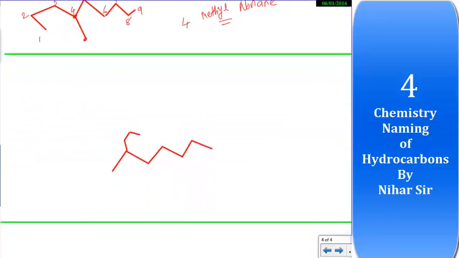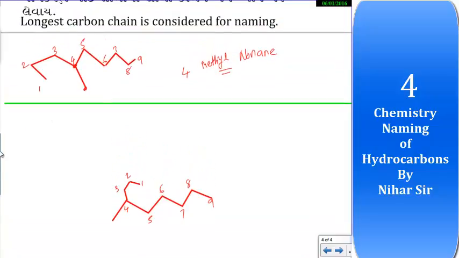Now let's come over here and find the longest carbon chain. If I start naming from here, 1, 2, 3, 4, 5, 6, 7, 8, 9, and I think this is the longest carbon chain, right? Again there are 9 carbons as it was here. So this will be named nonane, right?